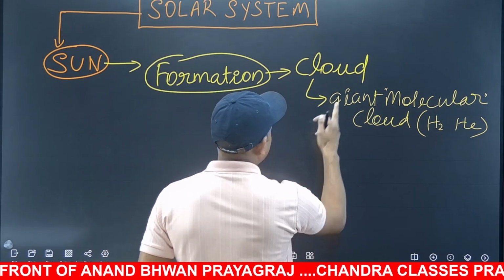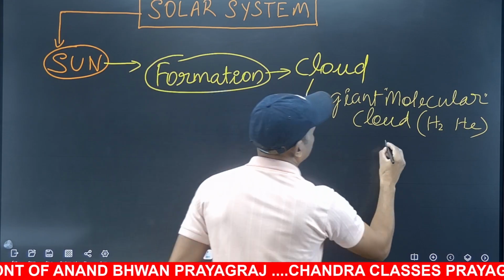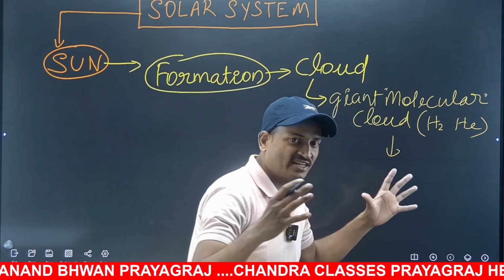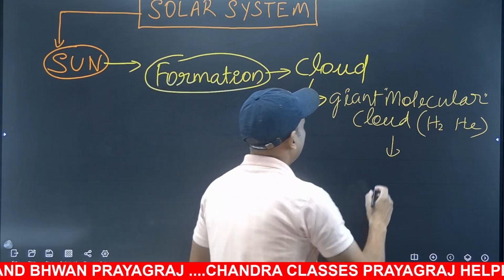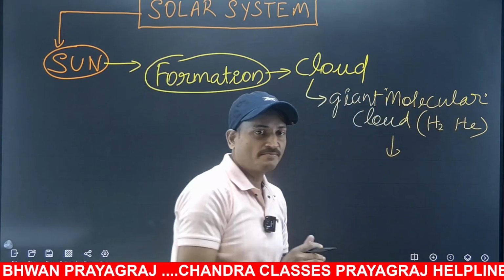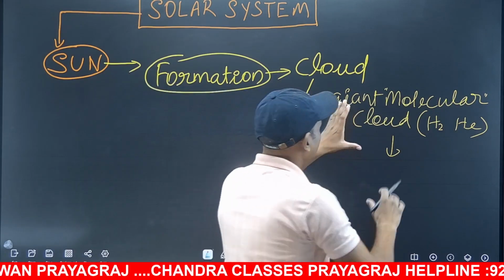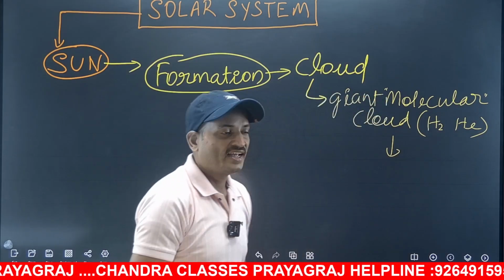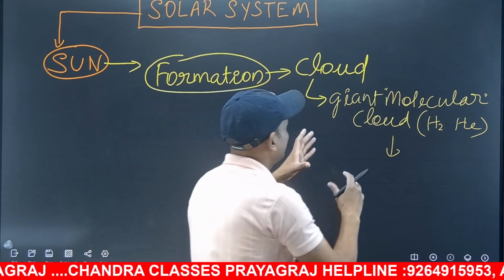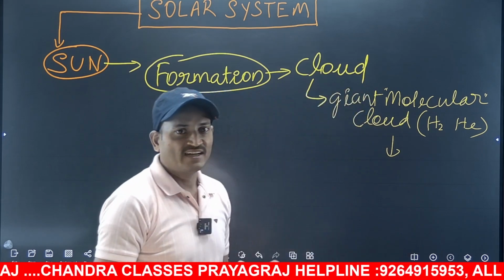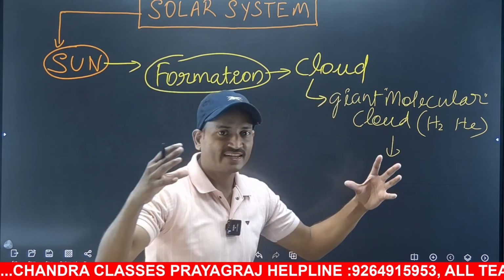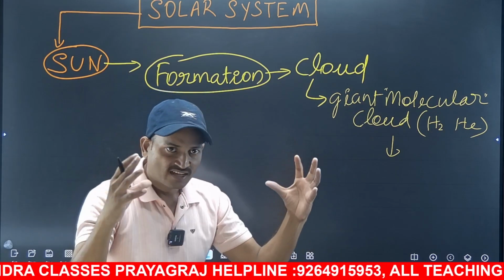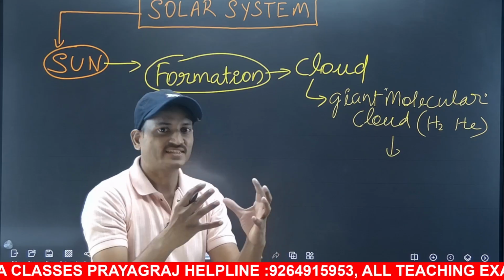Now, this molecular cloud, as time passed, started getting compressed under gravity, because where there is matter, there is gravity. Because of the matter present in this molecular cloud in the form of hydrogen and helium, it started having tremendous gravity, and under gravity this cloud started collapsing, because when gravity is pulling the matter, it is compressing together.